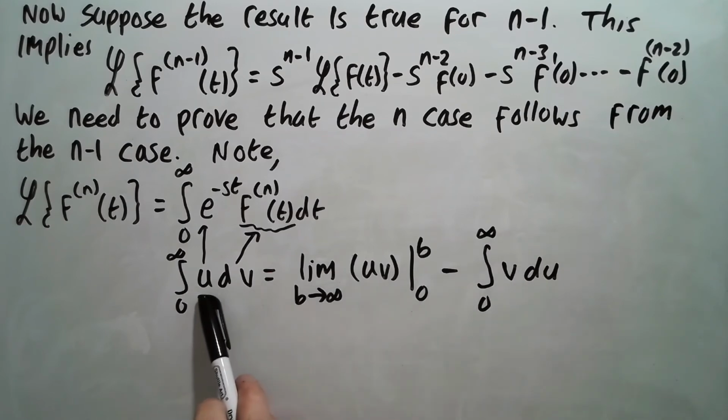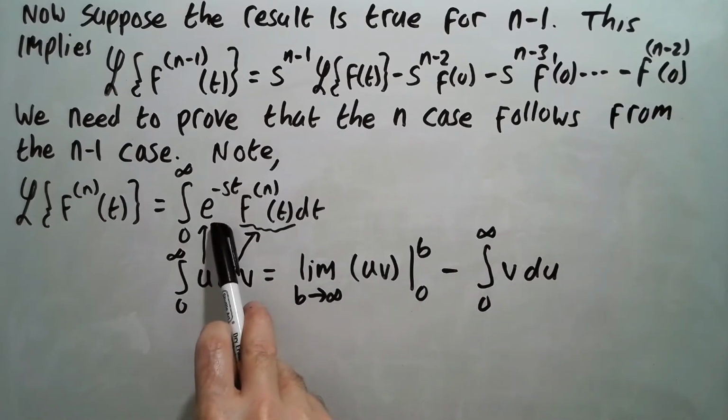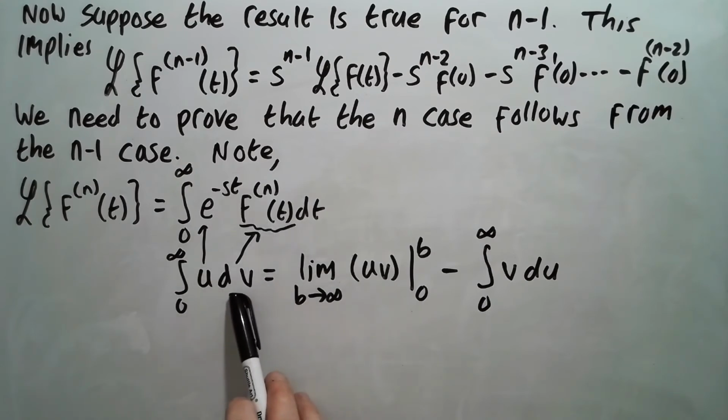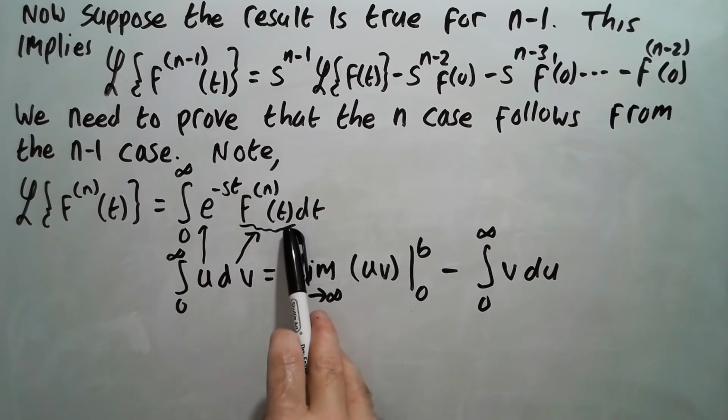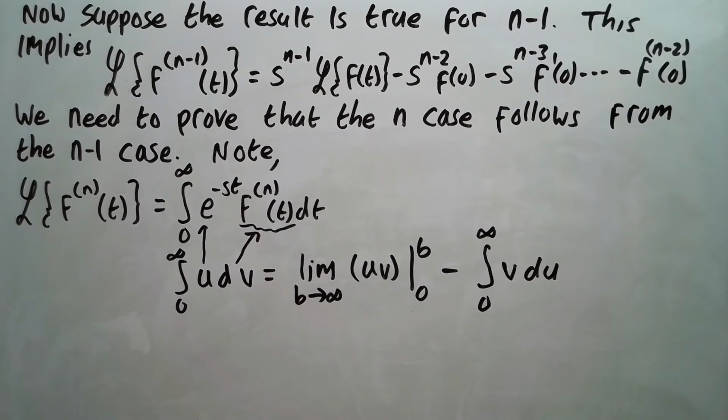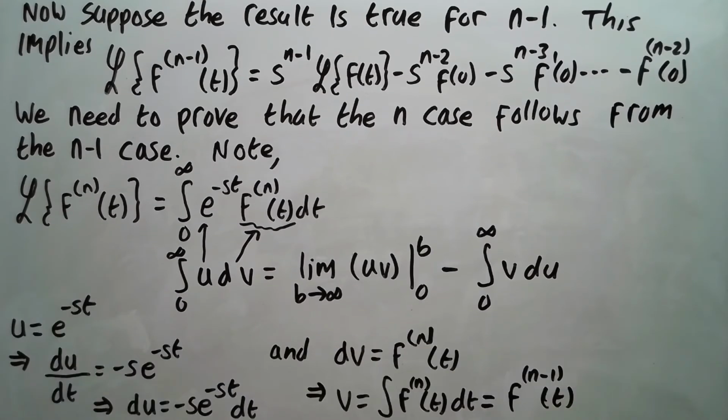My u here I'm going to choose as e to the minus st again, just like the n equals 1 case. And my dv I'm going to choose to be this guy here. I'm going to write it over here. So my u is e to the minus st, so du/dt will be minus s e to the minus st, so solving for du will be minus s e to the minus st dt.